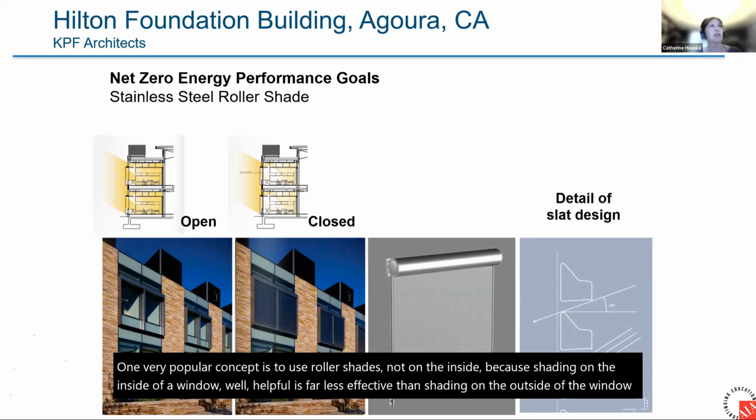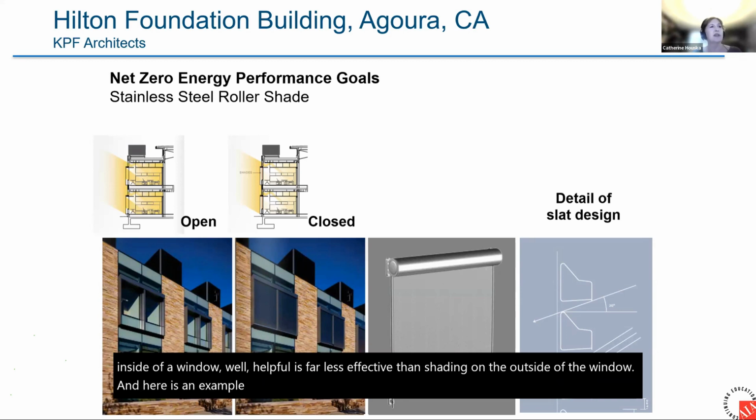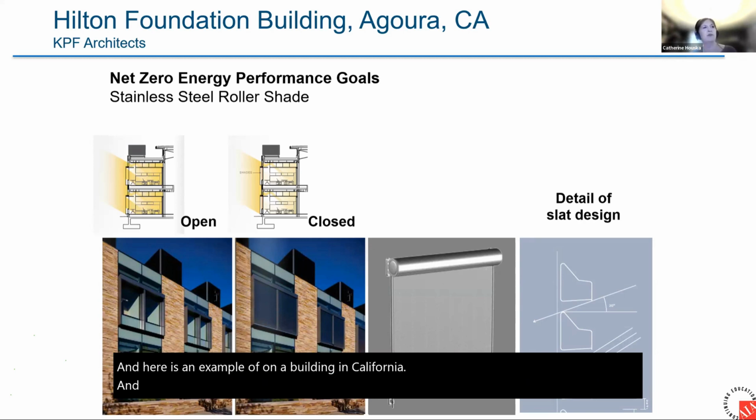And here is an example on a building in California, and you can change how much shading occurs and when, based on the time of year and time of day.